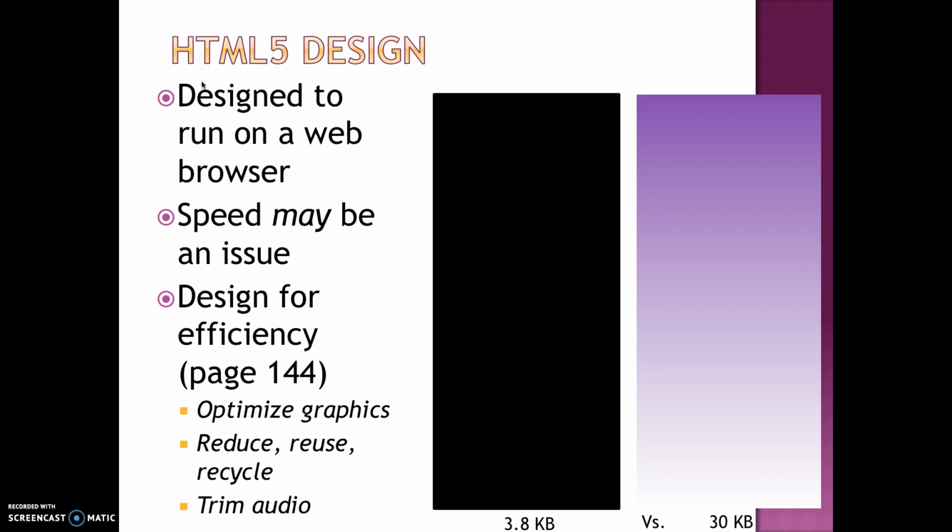If you look at this picture on the right, yes, the purple one has a nice fade into it, but that purple takes a lot of space as compared to just a black screen, where if we were just putting text on this, the black screen probably could work. Rather save the space for gameplay.